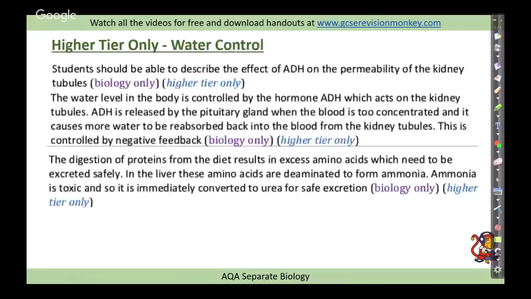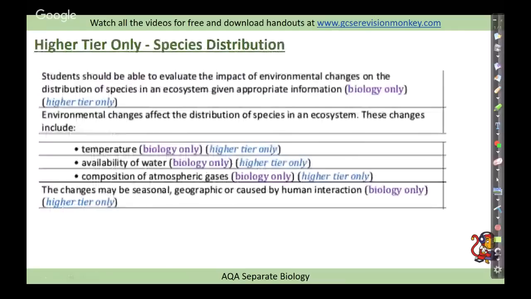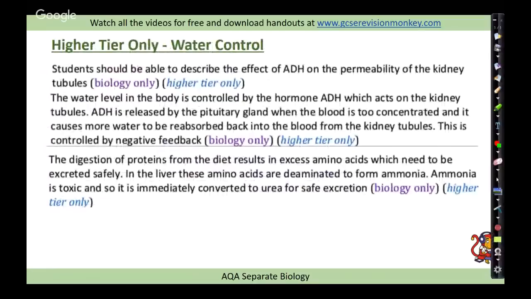For water control, linking into the kidneys, if you're doing higher tier, you need to describe the effect of ADH on the permeability of the kidney tubules. That's how much water is reabsorbed back into the blood. The water level in the body is controlled by the hormone ADH, antidiuretic hormone, which acts on the kidney tubules.